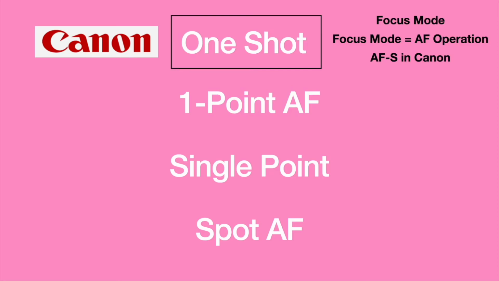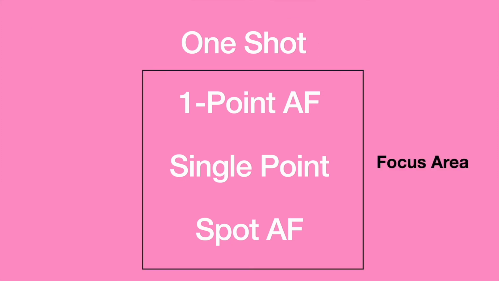Now here's the answer. One shot is one of the focus modes in a Canon world. And remember, Canon calls its focus mode AF operation. One shot is essentially autofocus single servo in the Canon world. Whereas 1-point AF, single point, spot AF, they're the focus area options in the Nikon and the Canon cameras.